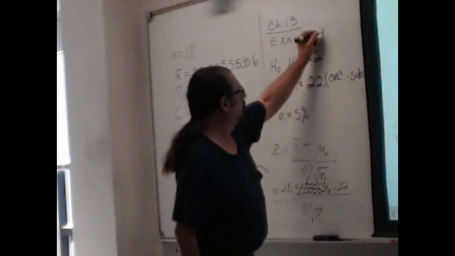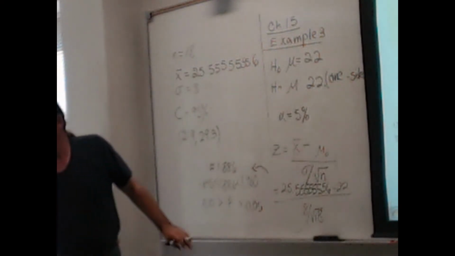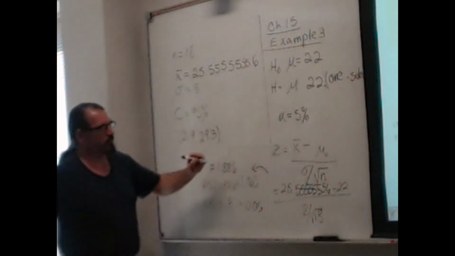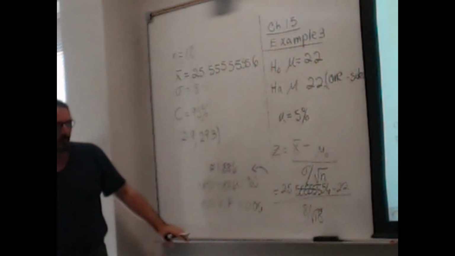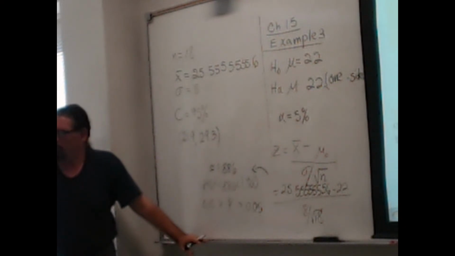Instead of not equal to 22, what are some possibilities of how mu compares to 22 in the alternate hypothesis? We're not going to say that it's not equal. What other comparisons could we make between mu and 22?